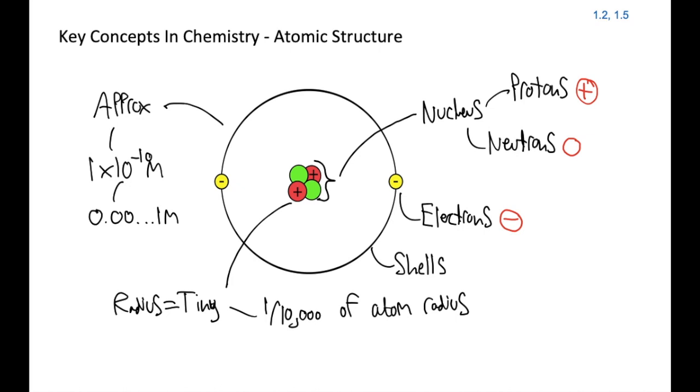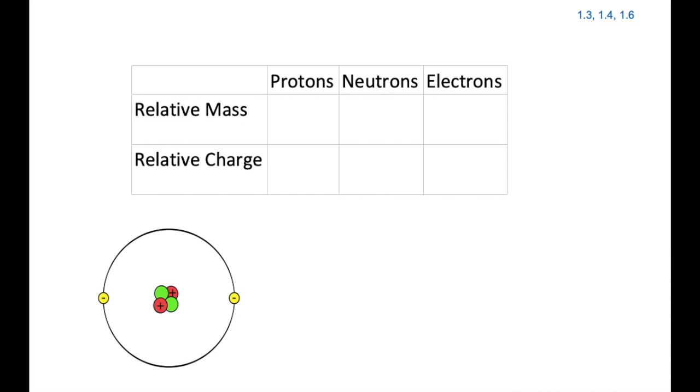So if we go into some more detail about the subatomic particles, protons have a relative charge of +1, electrons -1, and neutrons have no overall charge, they're neutral. It's also important to note the relative masses of these three. The relative mass isn't given with any units, it's not measured in grams or anything like that. The relative mass measures mass on a scale where a proton or a neutron is 1.